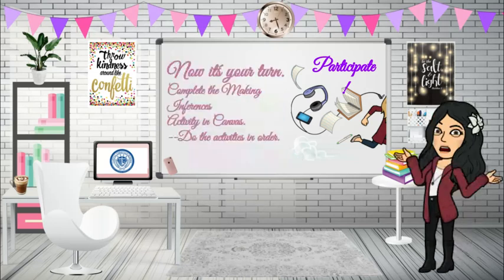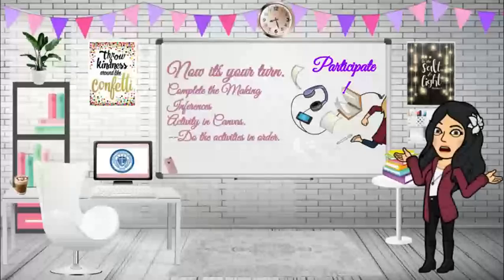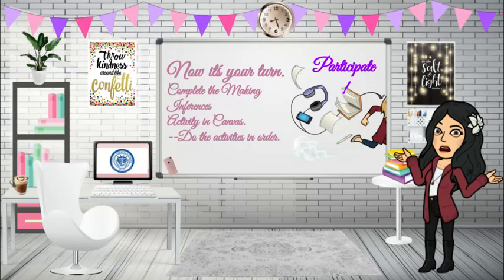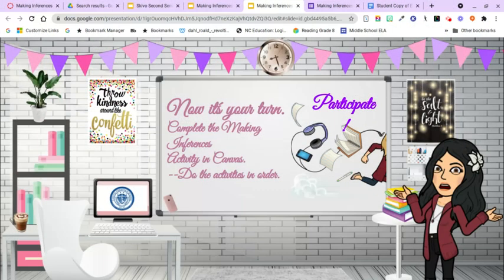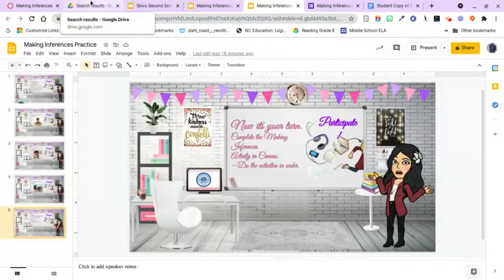When you go to your assignment today, it's going to look different, like I said. It's going to have a list of things for you to do to get to the actual assignment. You need to start with number one and continue on from there. So let me show you what it's going to look like.